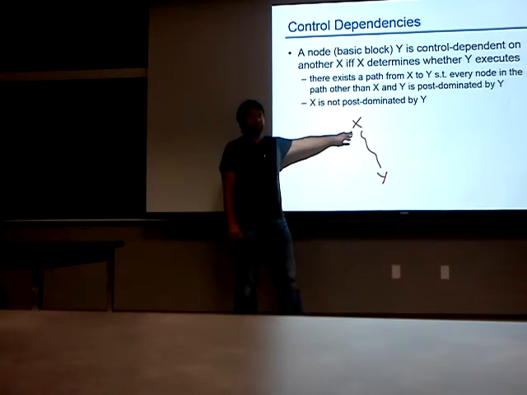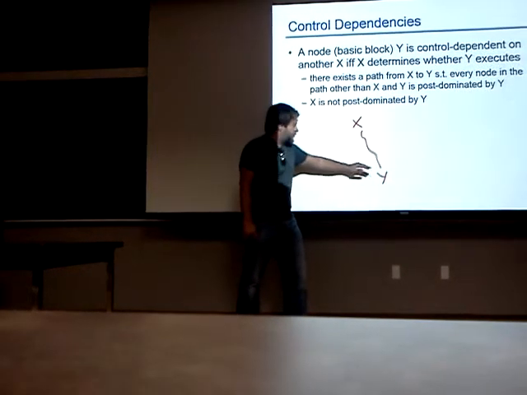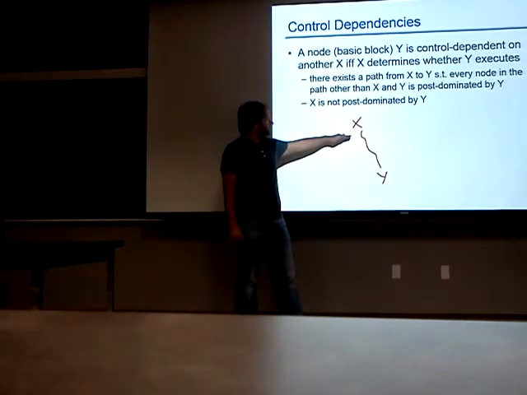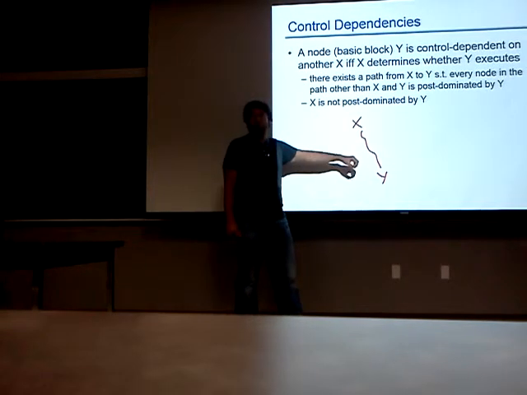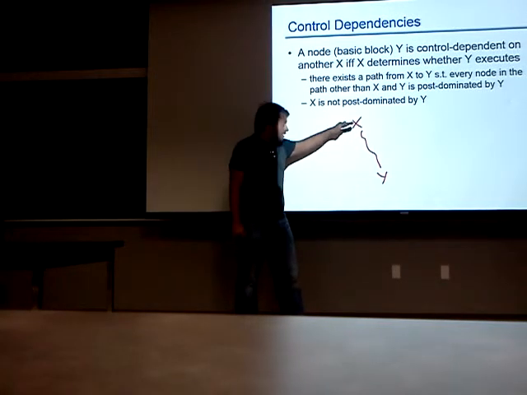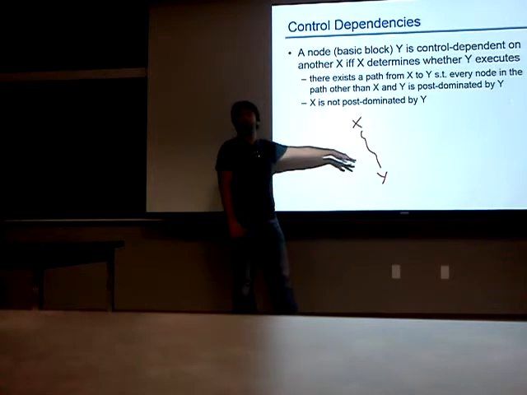Does that make sense? So when we say that X is post-dominated by Y, what we really mean is Y has to happen. There's no way to avoid Y. There will be Y. Right?